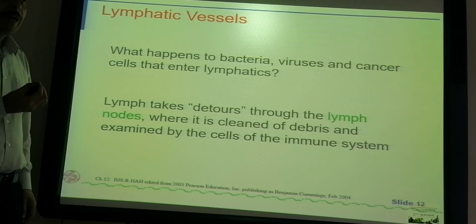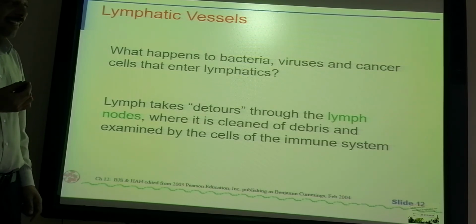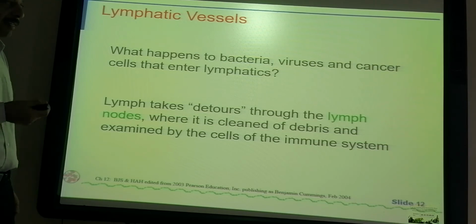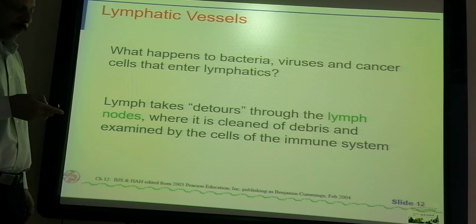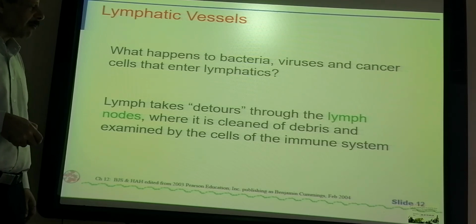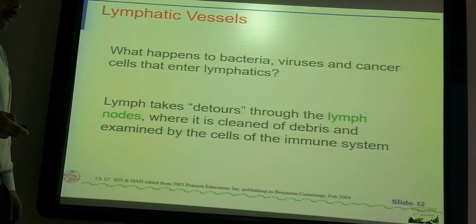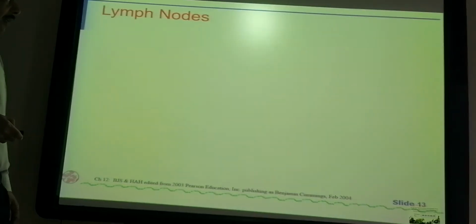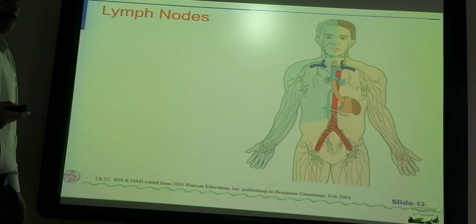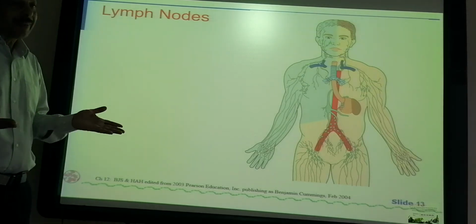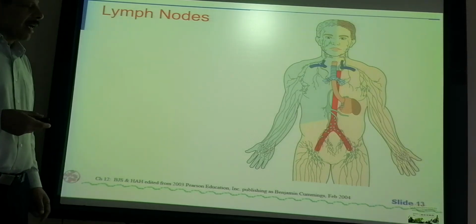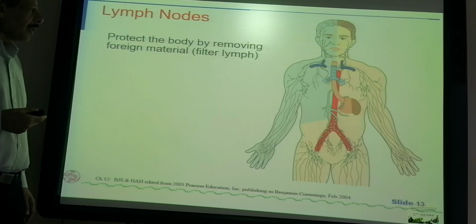And if bacteria or cancer cells or any harmful cells are there, they will be trapped and phagocytosed, treated there before it is passed to the circulation. Of course, it will not pass as a bacteria, or it will pass after its destruction, as a waste product.